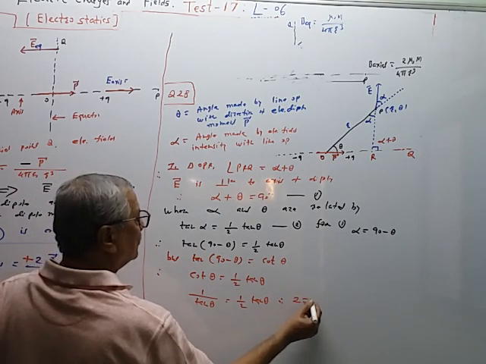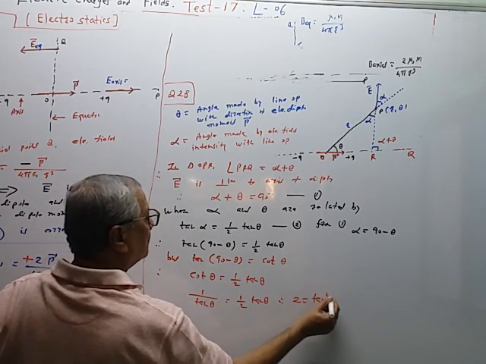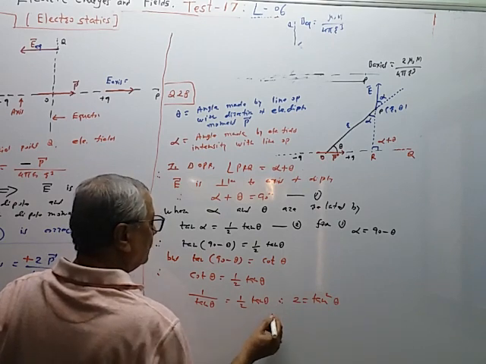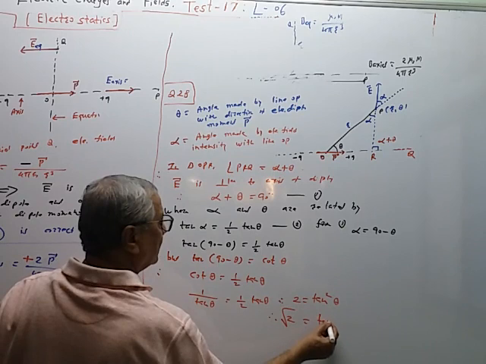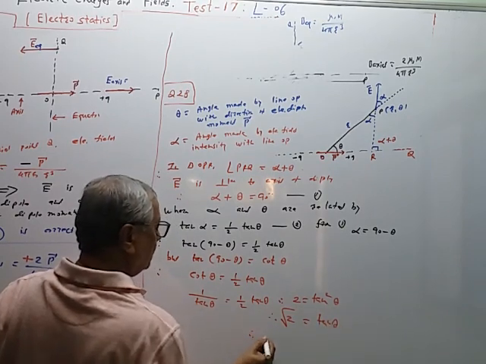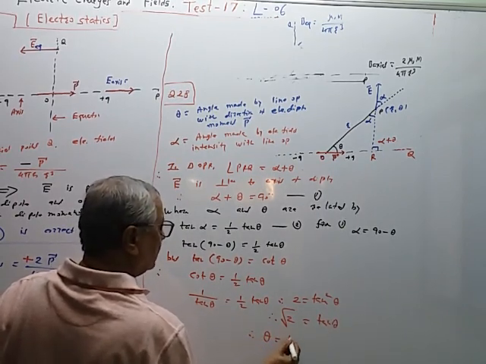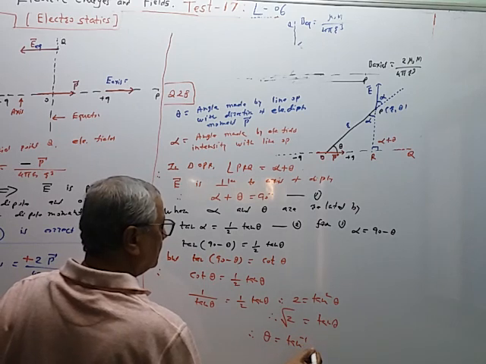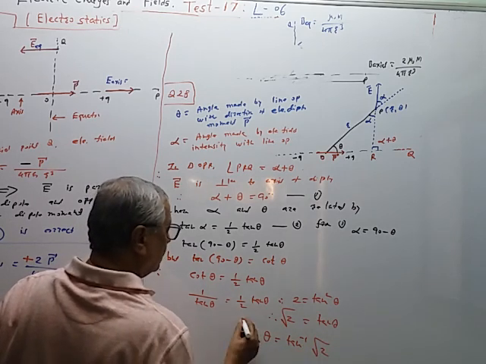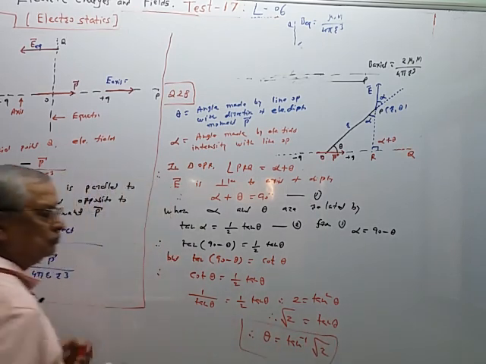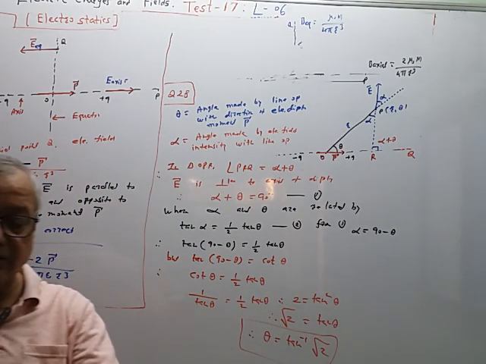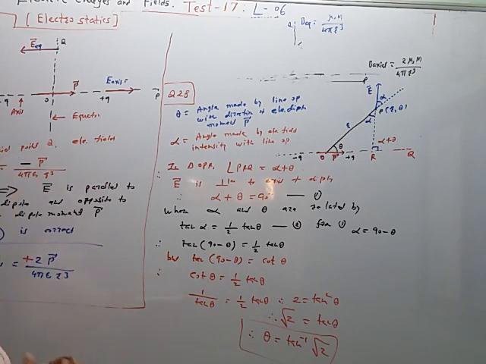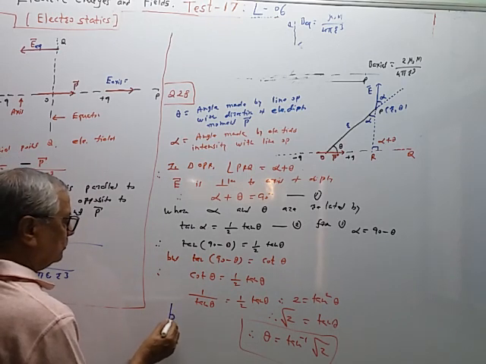Therefore, 2 is equal to tan square theta. Therefore, root of 2 is equal to tan of theta. Therefore, theta is equal to tan inverse root 2. And therefore, the correct choice is B. B is correct.